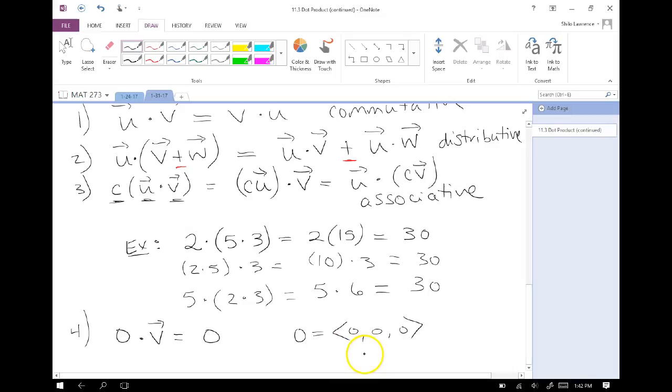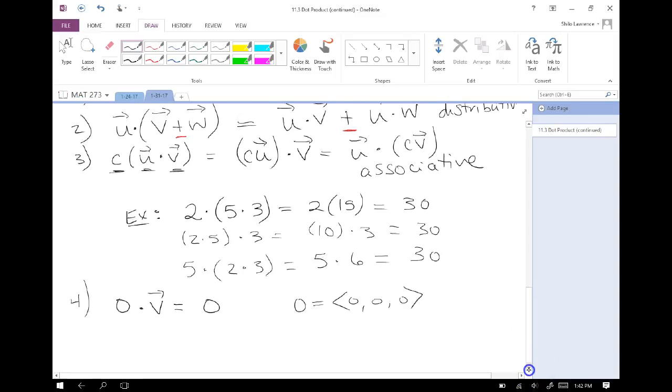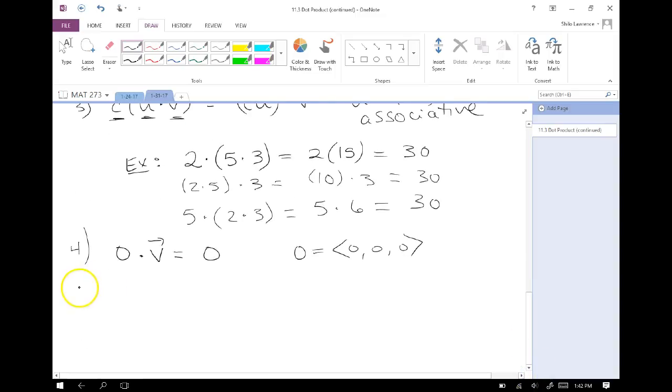So if we actually wrote out what the dot product looked like, we'd be doing 0 times v1 plus 0 times v2 plus 0 times v3. All those products would multiply to be 0, and then adding the 3 zeros would still get you 0. So dot product with the 0 vector is always going to be 0, just like multiplication with real numbers by 0 is always 0.